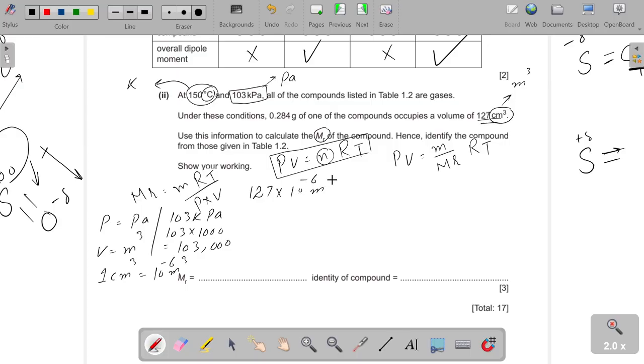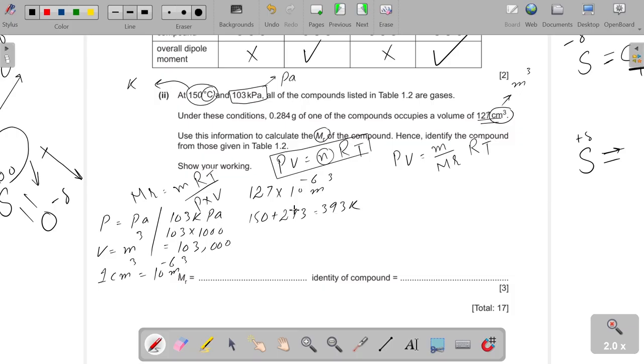The other thing is I have this temperature 150, so I need to convert it by adding 273. Is it clear? When I combine together, I will get 393 Kelvin. I hope you got this conversion.